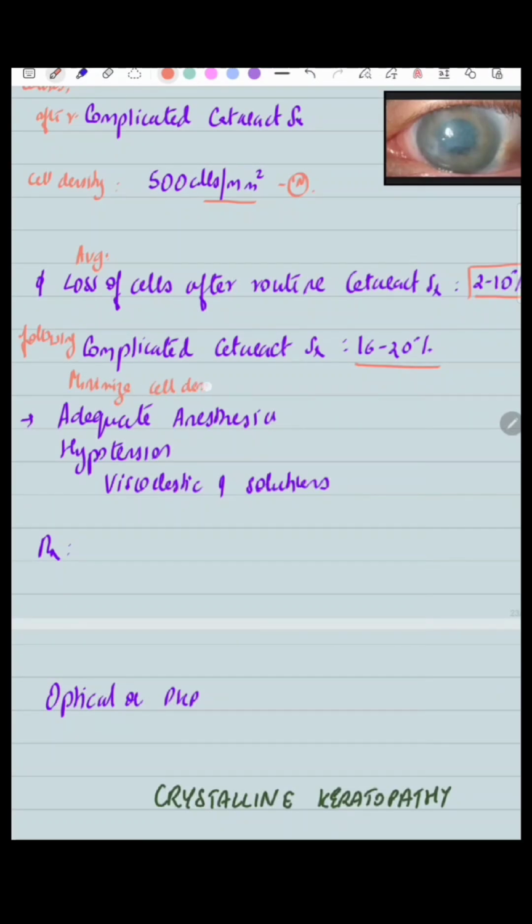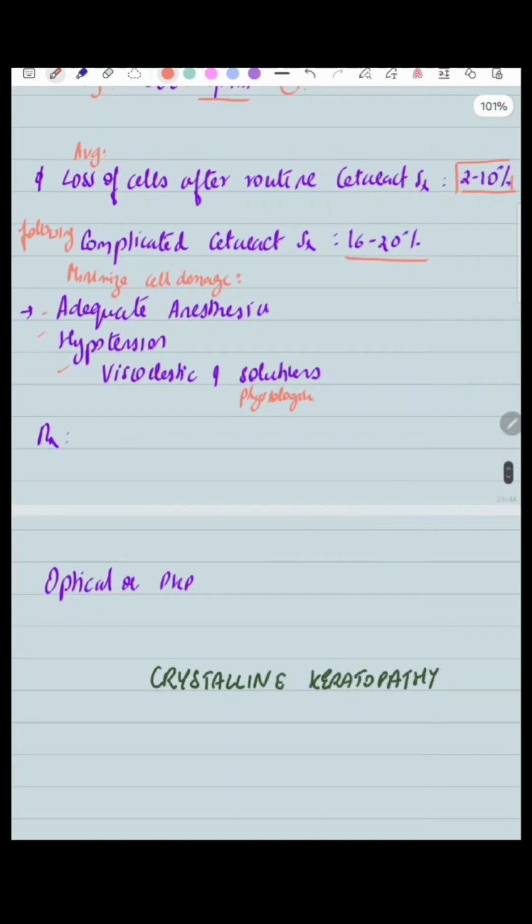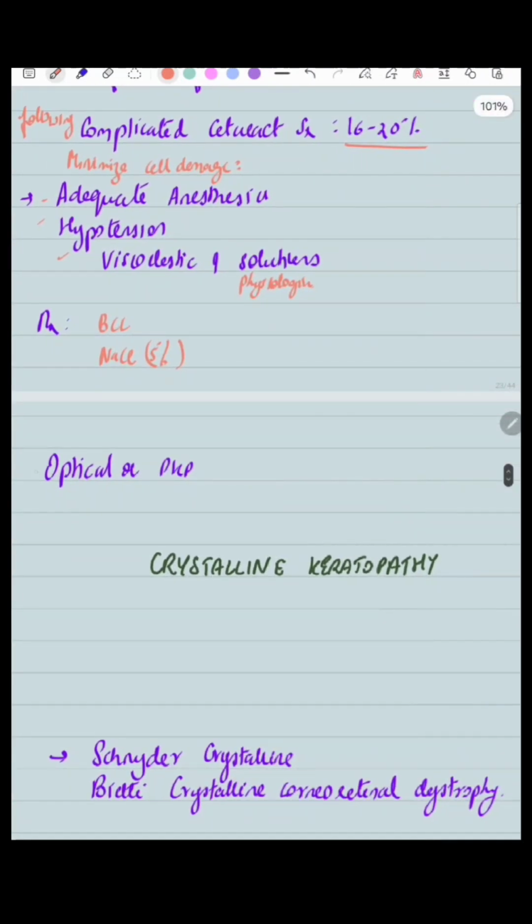Measures to minimize cell damage include adequate anesthesia, hypotension, use of good quality viscoelastic, and physiological solutions like Ringer lactate or balanced salt solution. Treatment is application of a bandage contact lens and frequent instillation of concentrated sodium chloride saline solution, 5% sodium chloride. In severe cases, optical or penetrating keratoplasty is the treatment of choice.